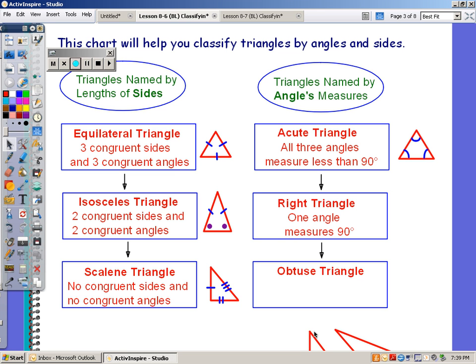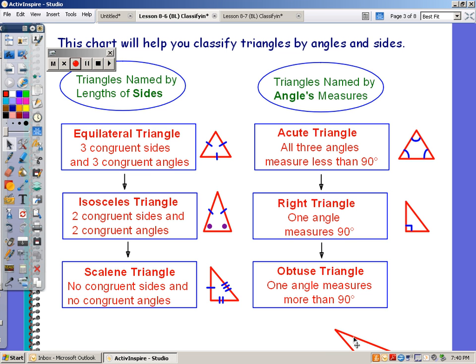In a right triangle, you have at least 1 angle that's a right. Remember, all triangles add up to 180, so 180 minus 90 leaves 90. That means these 2 have to be less than 90, but they have to add to 90. That also makes them complementary, like we learned yesterday.